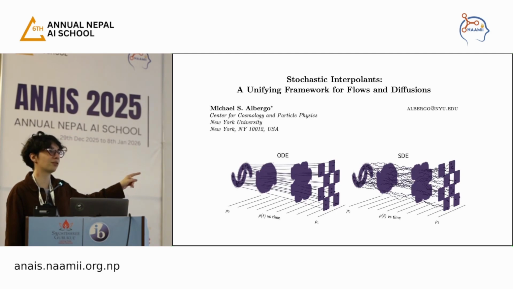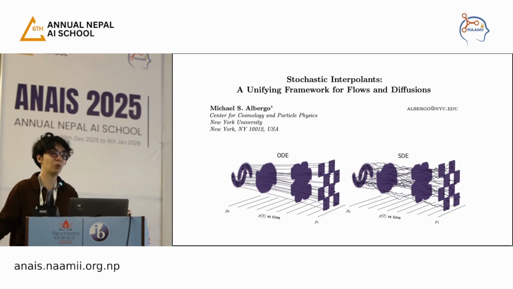This paper says for each ODE, there exists an SDE that will have the same marginals as the ODE. So if we look at how the distributions look in time, they look the same, although the processes are different. If I start with a particle and run the ODE to see where it'll end up, in the case of the ODE I know, in the case of the SDE it could end up kind of anywhere, but the marginals are the same for both.